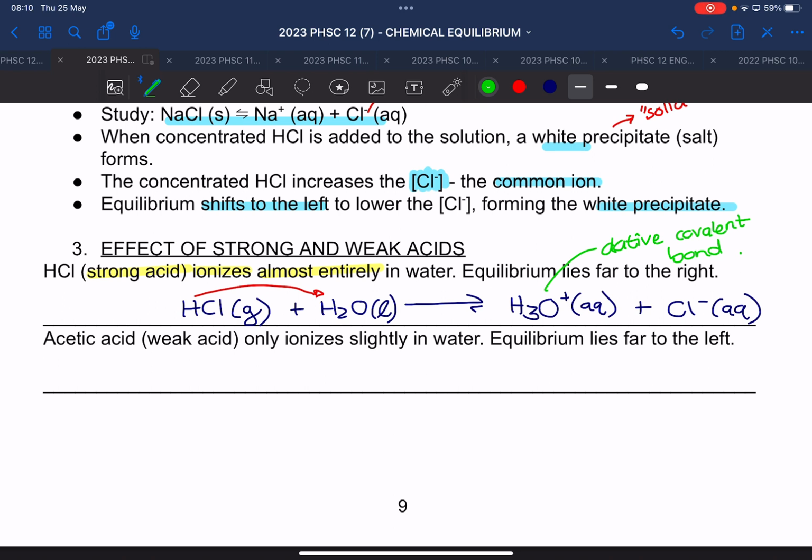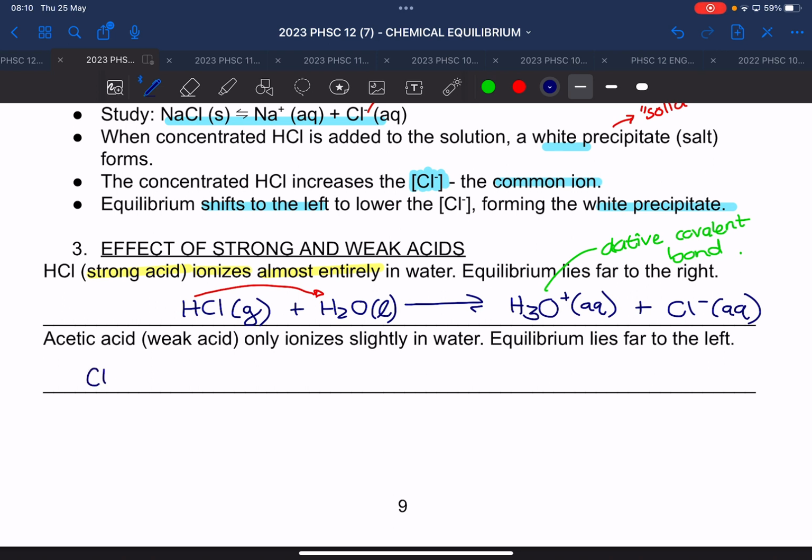All right. Then, if you look at acetic acid, can anyone give me the formula for acetic acid? The organic chemistry name for it is ethanoic acid. It means 2.